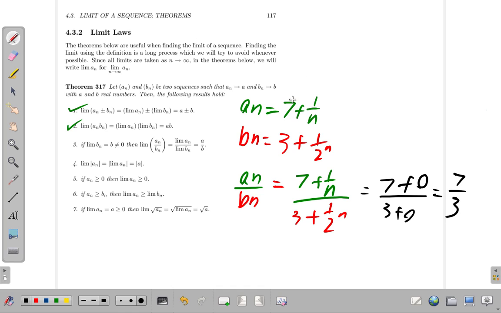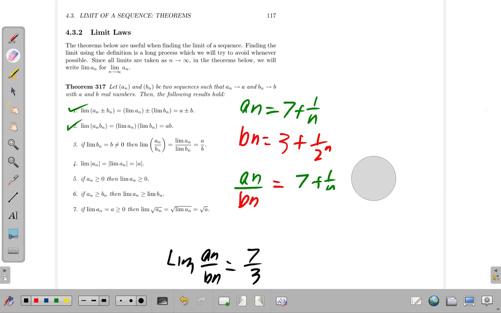Now, that's the limit of an over bn. For our example, it is 7/3. Let us look at each expression by itself now. What's the limit of this as n tends to infinity?